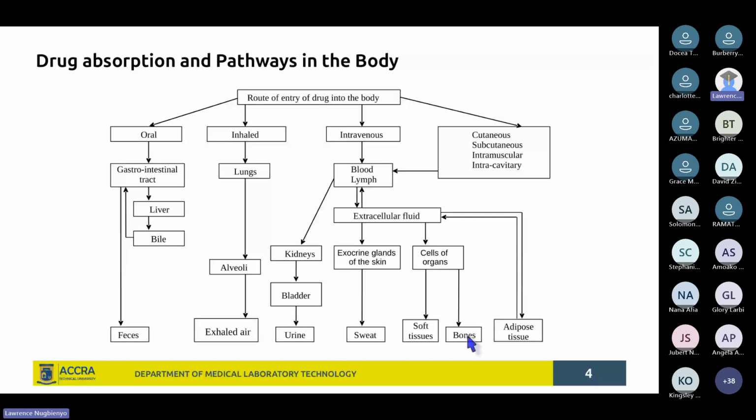Then of course, I just talked about this last one, which is the adipose tissue. This adipose tissue is under the skin, where you can have, say, lipophilic drug substances getting stored. And from that adipose tissue, when it breaks down, it will go back into the extracellular fluid.